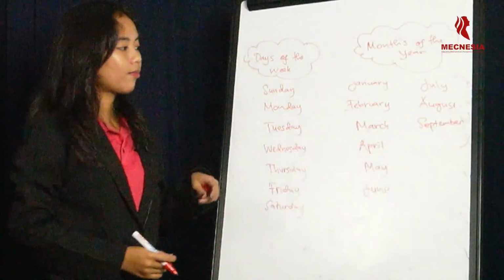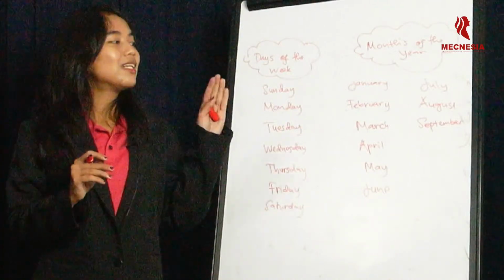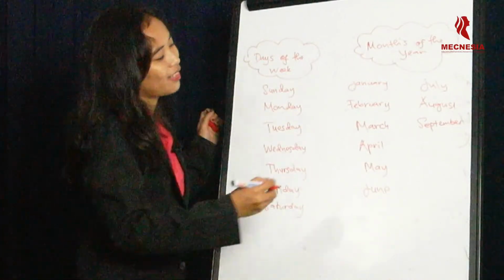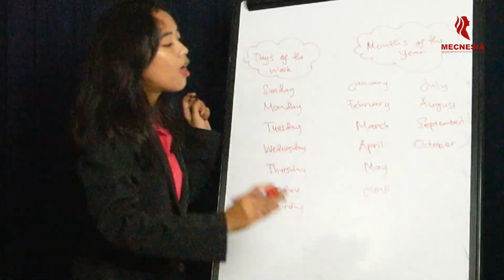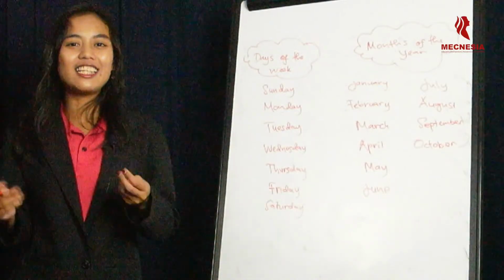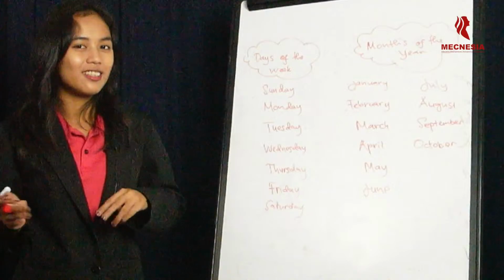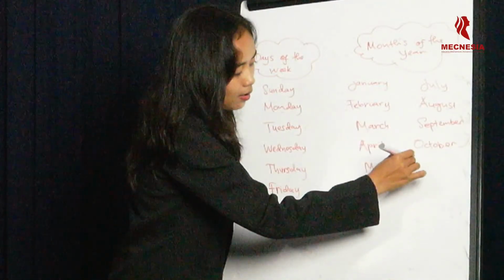Next we have September. September. One more time. September. Next. October. October. Let's say it together. October. And then the 11th month.